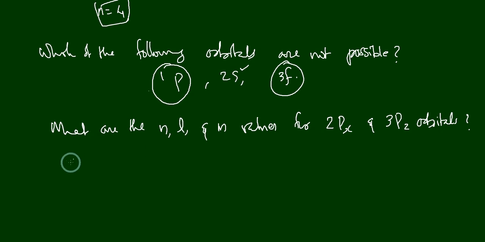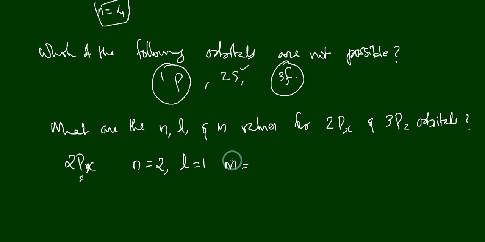Okay, first let us go for 2px. In the case of 2px, the principal quantum number n is equal to 2. And what about l? l represents this one, p, and in that case l is equal to 1, right? Because l is equal to 0 is for s, l is equal to 1 for p. And what about m? m represents the orbital.